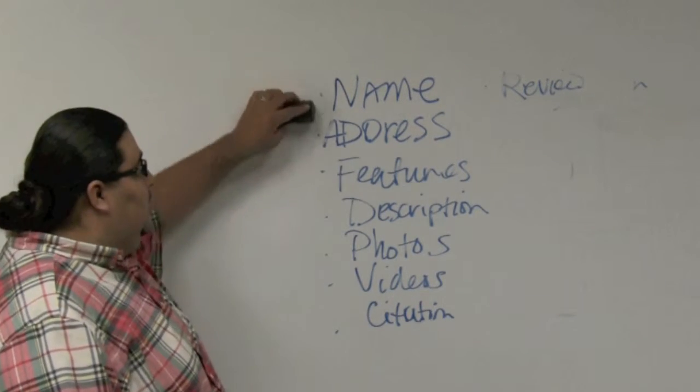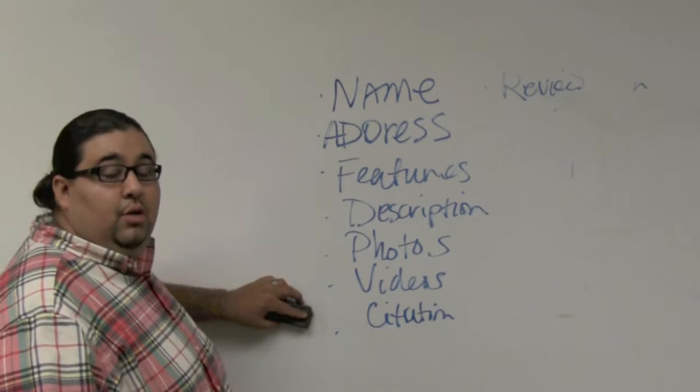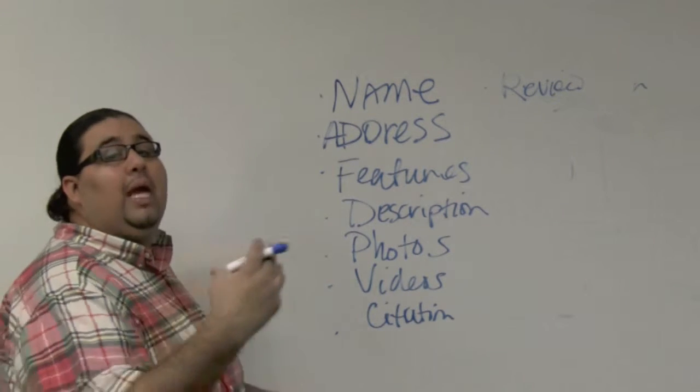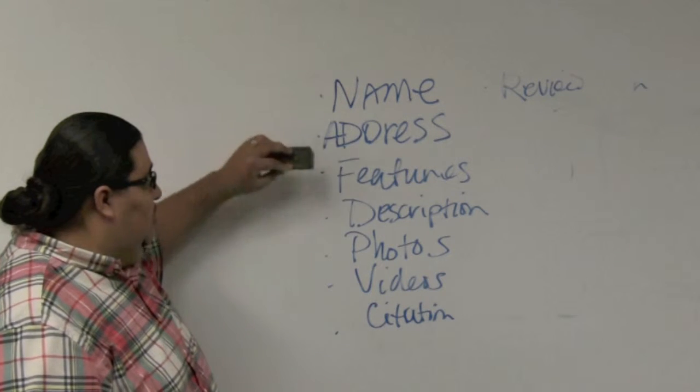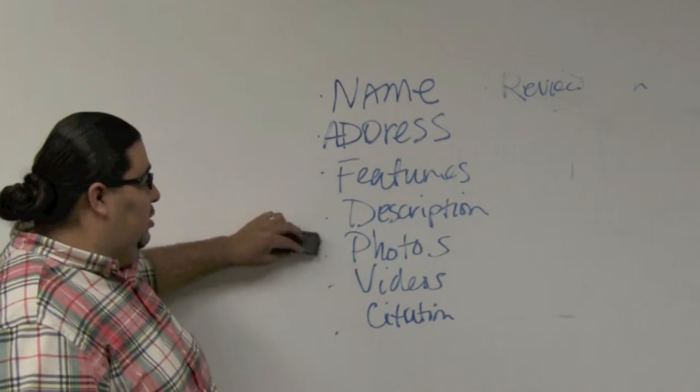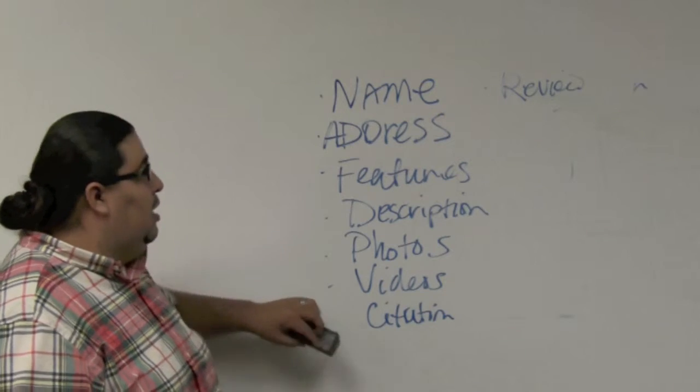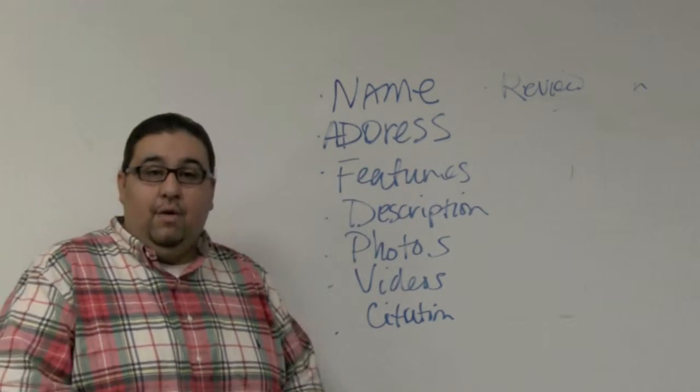Now, these are the main areas that you're going to want to keep in mind as we continue to talk about the listing: name, address, features, descriptions, photos, videos, citations, and reviews.